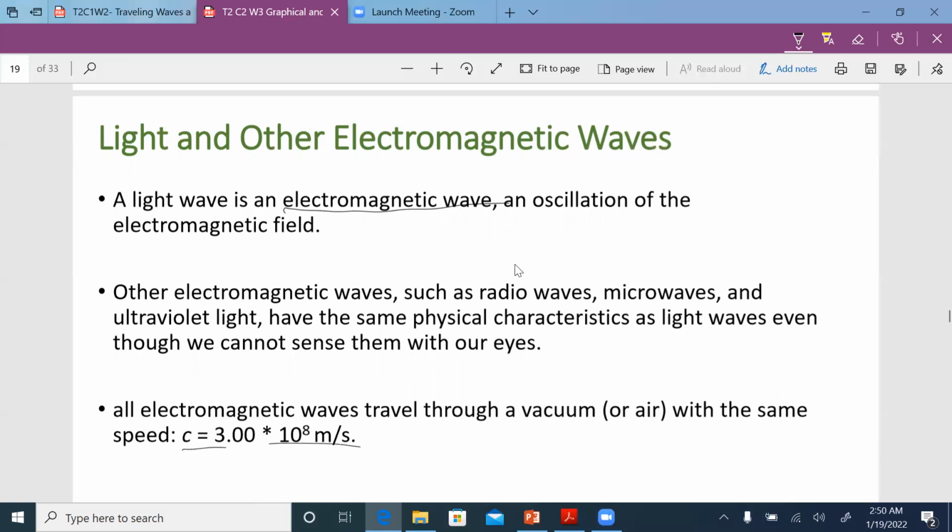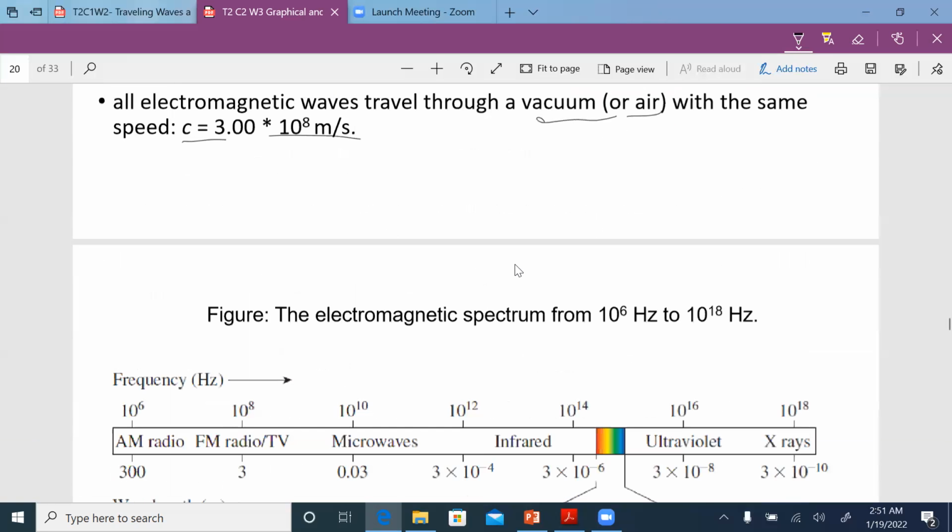The speed of light in vacuum is given as 3.0 times 10 raised to the power 8 meters per second. All the electromagnetic waves will have the same physical characteristics as light waves. The only difference is that we cannot see them with our bare eyes.